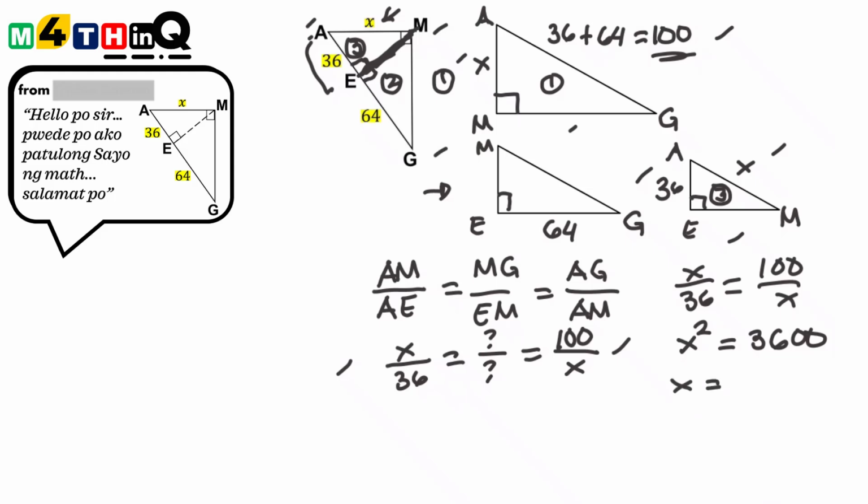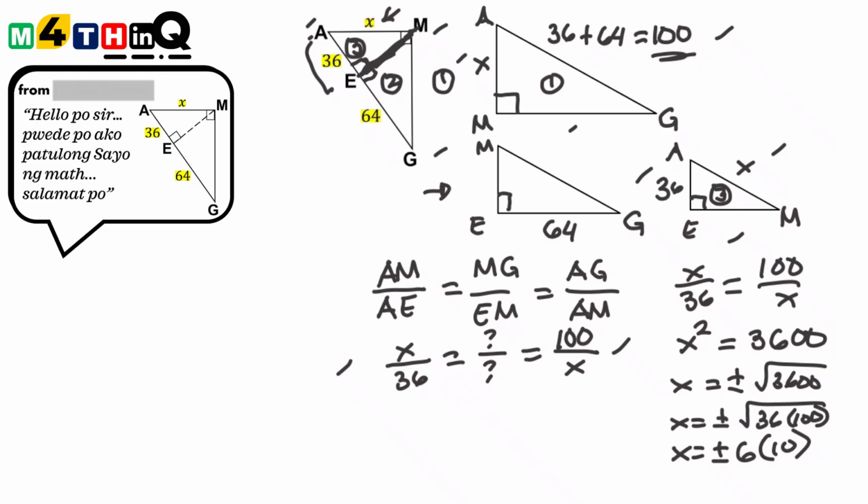You will have plus or minus the square root of 3,600. Then further, take note, this is 36 times 100, and they are both perfect squares. So X is plus or minus, your 36 is actually 6 times 10, or 60. X is plus or minus 60.